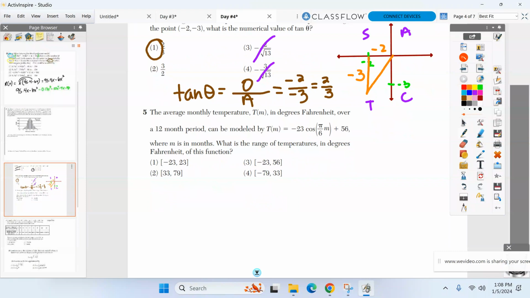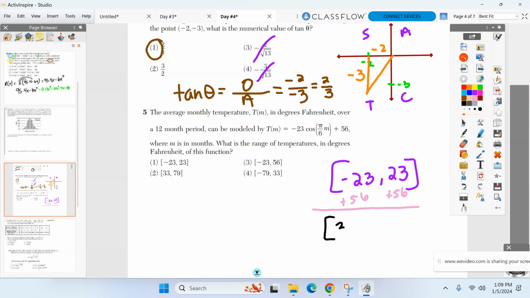It was -23 to 23, right? And then we had a little shift of up 56. And now we have 33 to 79.